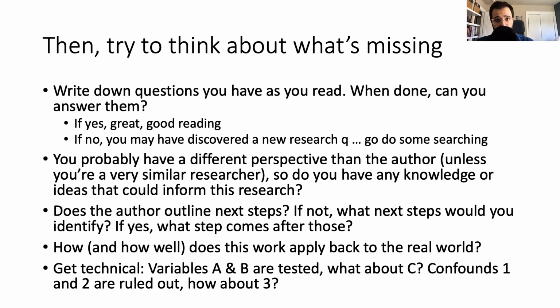Or maybe the authors rule out one or two confounds, but they don't manage to rule out a third that occurs to you. Either they couldn't or didn't think of it.